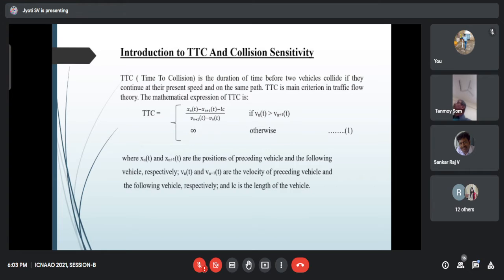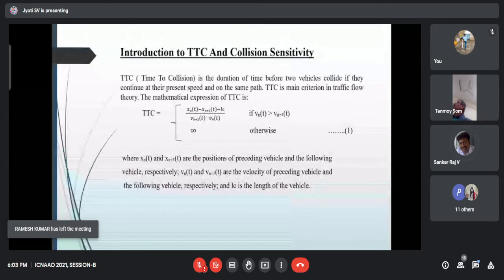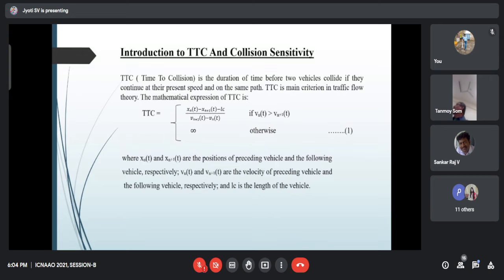Introduction to TTC and collision sensitivity. TTC, which is time to collision, is the duration of time before two vehicles collide if they continue at their present speed and on the same path. TTC is the main criterion in traffic flow theory. The mathematical expression of TTC is given as below.